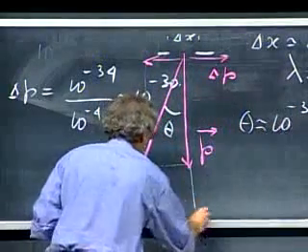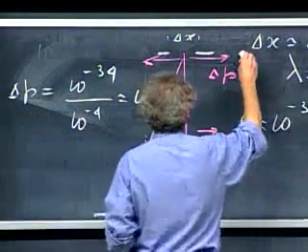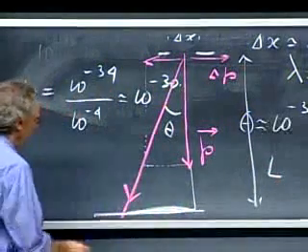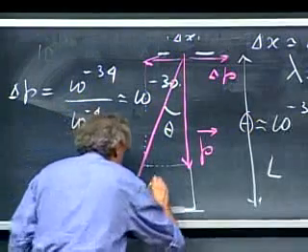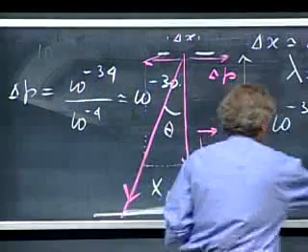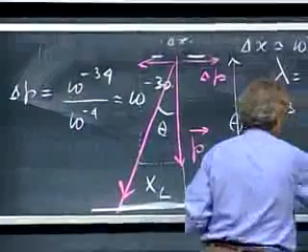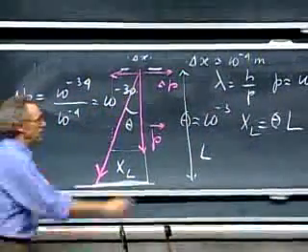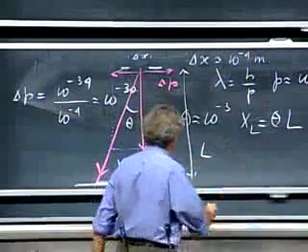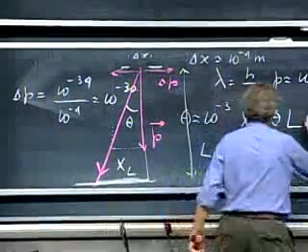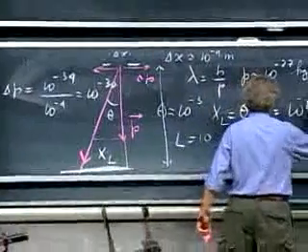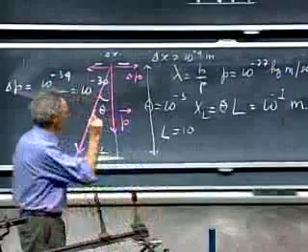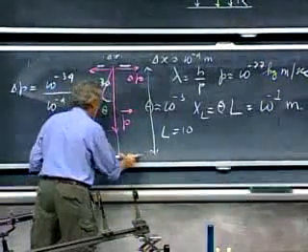And if at a distance L, if this distance here is L, you have a screen, then the spot on this screen, if I call that x at location L, then x at location L is obviously theta times L. And if theta is 10 to the minus 3, and let's assume this is about 10 meters away from us, so L is about 10 meters, then you get 10 to the minus 2 meters. That is 1 centimeter. 1 centimeter in this direction and 1 centimeter in that direction.